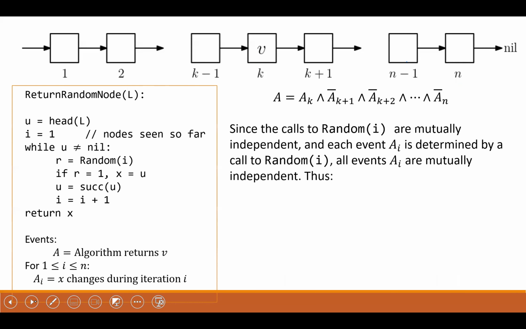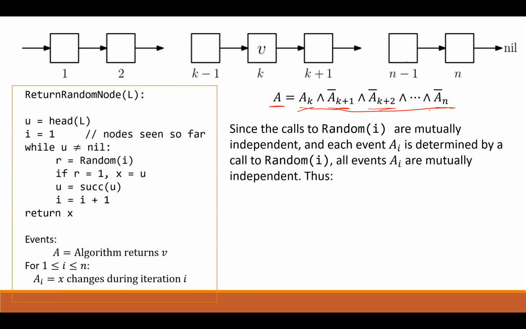All right, so now my event A, which is that I return element K, is AK and not AK plus 1 and not AK plus 2, and all the way to not AN. Okay, so now we have the intersection of some events. These events are mutually independent because they're based on this call to random.